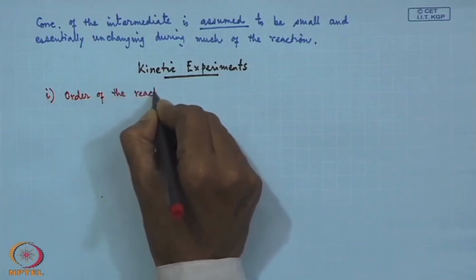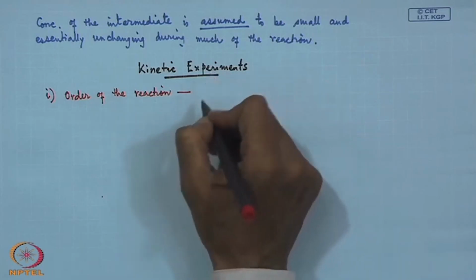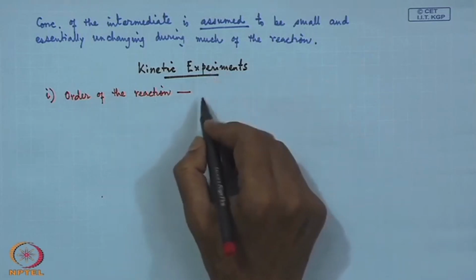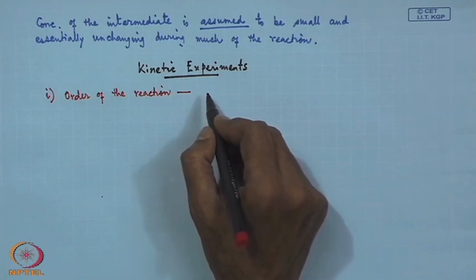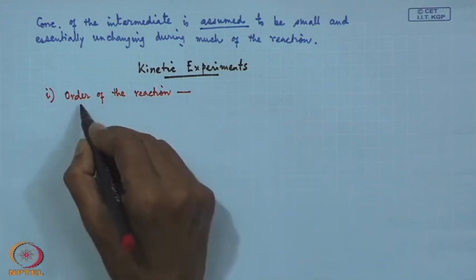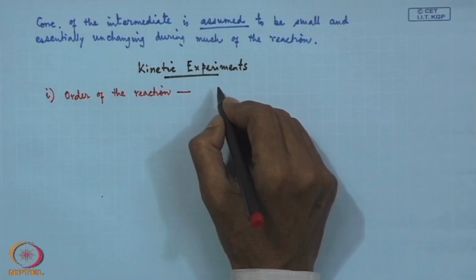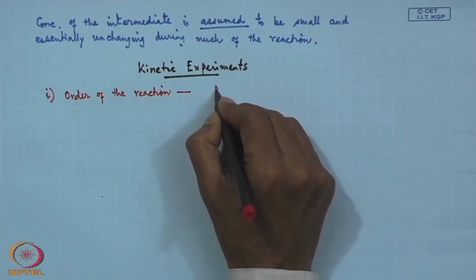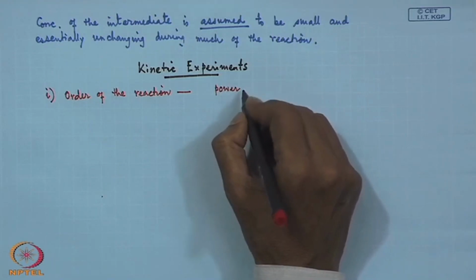In that case we have the concentration of the metal ion, the concentration of the ligand and the concentration of the metal complex form, and the corresponding reactant concentration. How we find out the order is basically depending on the power of the reactant concentration, and how it is dependent on the rate of the reaction.